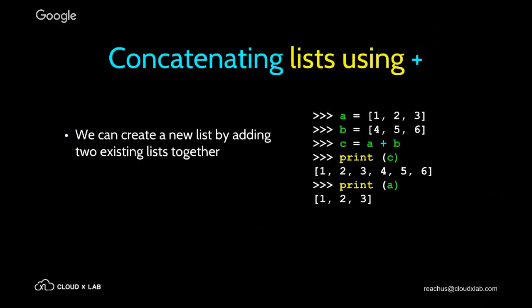An interesting part is a lot of operations on the list are really simple. For example, if you want to concatenate two lists, we can just use the plus sign. Plus will basically add these two lists, as in concatenate these two lists, and assign it to the new variable. Individual lists will remain unchanged.